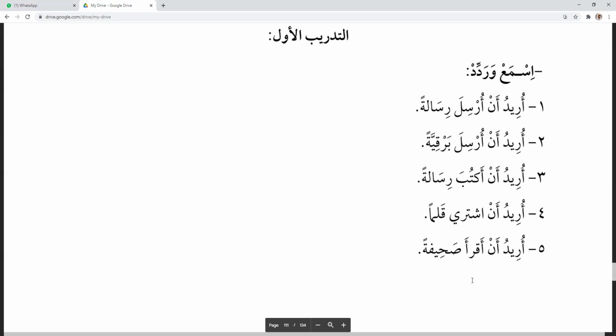الدكان. And he wants to sit on the chair. Forget Hamza, just say he wants to sit on the chair. أريد means I want. تريد would mean you want.